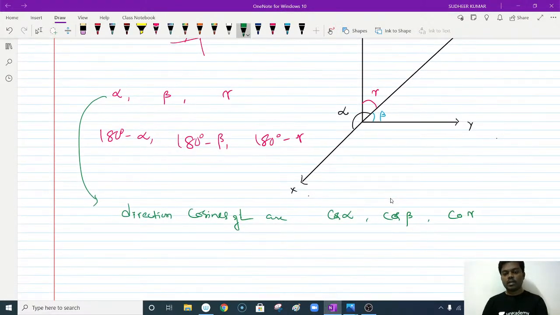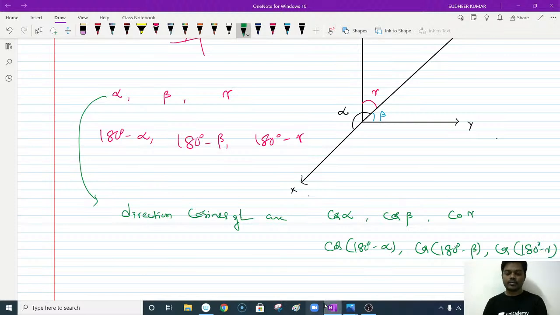Next, the other side we will take as cos of 180 minus alpha, cos of 180 minus beta and cos of 180 minus gamma, right?